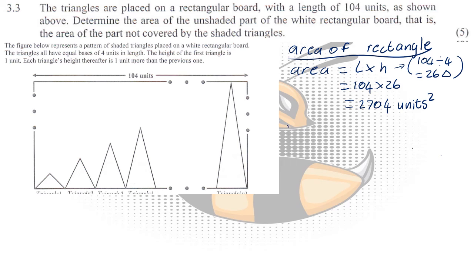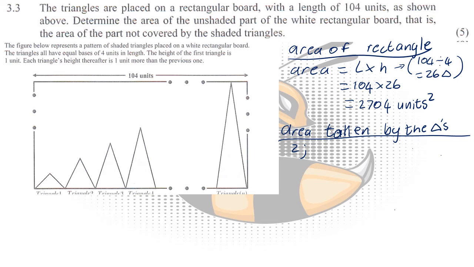Then for the area taken by the triangles, that would essentially just be the sum of all the areas of the triangles. If we quickly take a look at it, the first triangle had an area of 2.